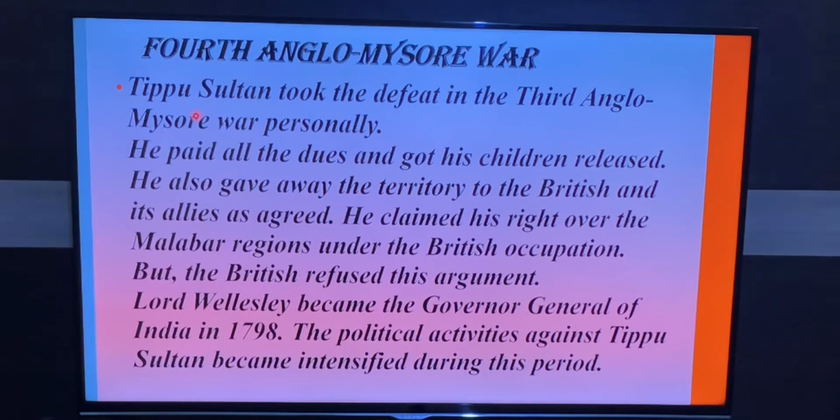Tipu Sultan was defeated in the Third Anglo-Mysore War. He took it personally. First, he paid all the dues and got his children released from the British. Later, he gave the territories to the British and its allies as agreed.